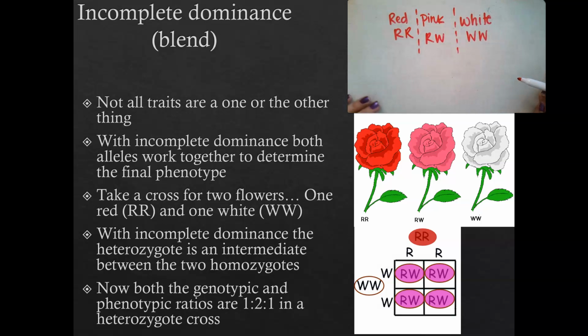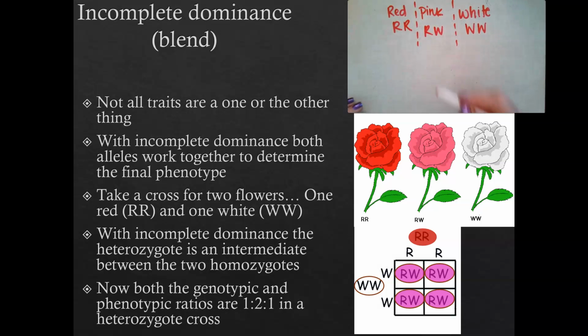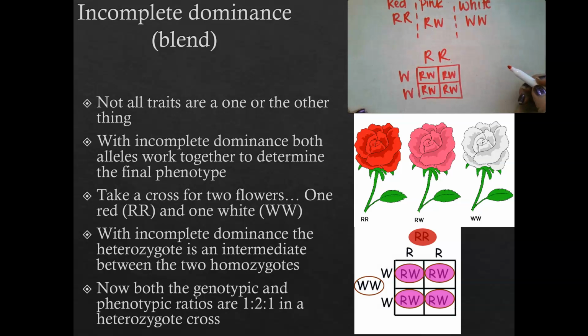When we run a Punnett square, if I cross a red flower, big R, with a white flower, and I extend my R's and W's into all of the offspring's boxes, I find that 100% of my offspring would be pink, or the intermediate between the two.